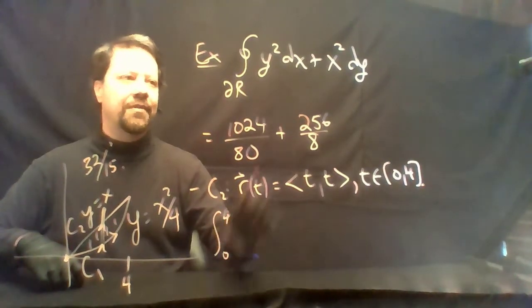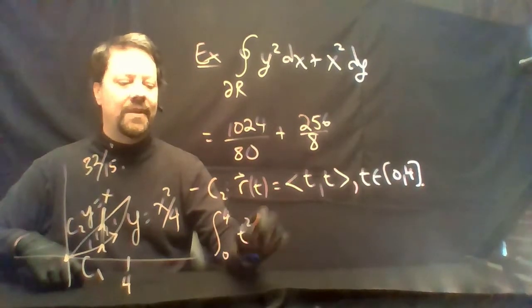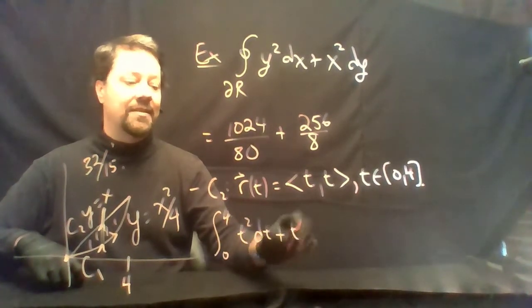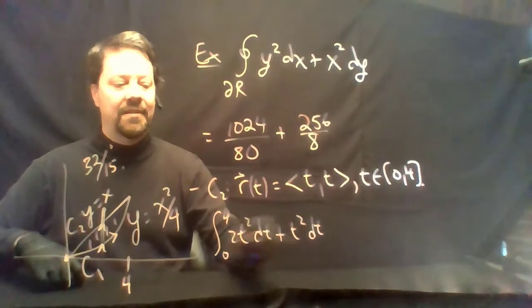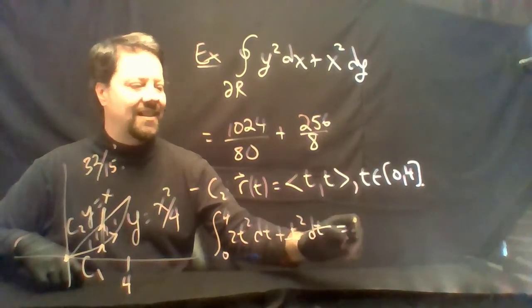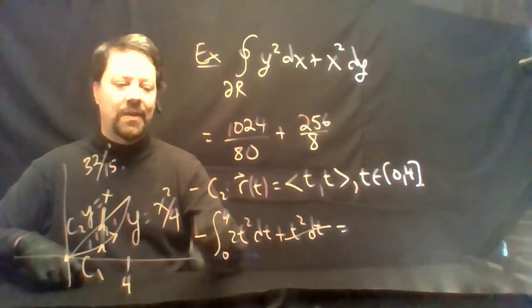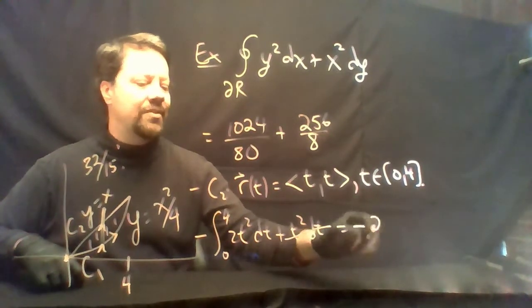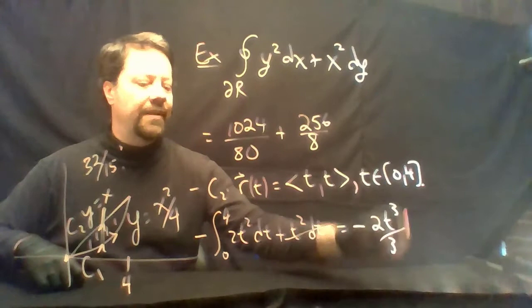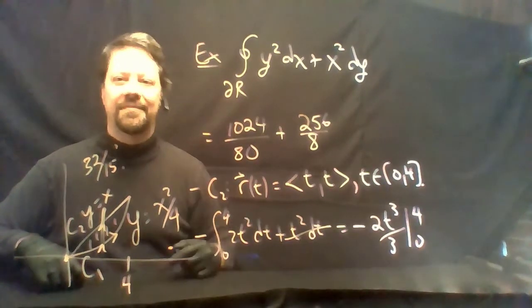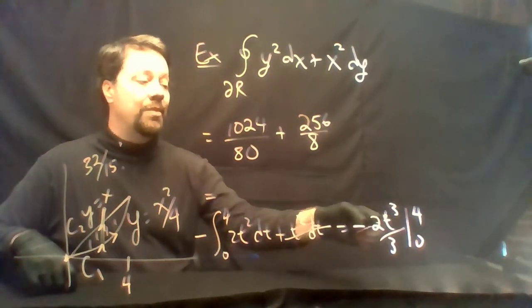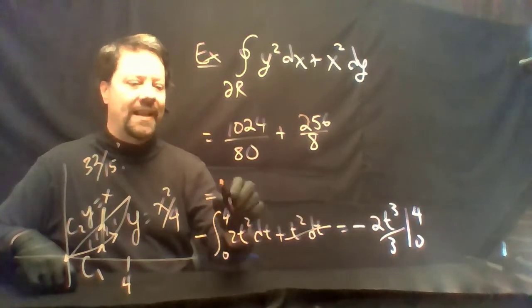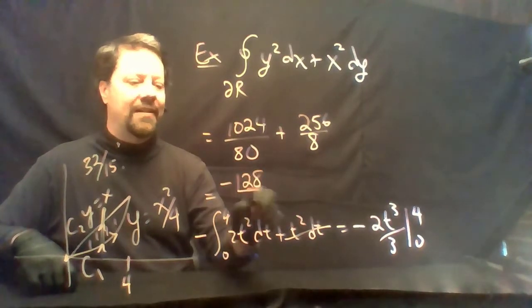We get the integral from 0 to 4 of t squared dt plus t squared dt, two of the same. This gives us a negative as well because we had to reverse the orientation. We'll have minus 2 t cubed over 3 evaluated from 0 to 4. 4 cubed is 64 times 2 is 128. We have minus 128 thirds.